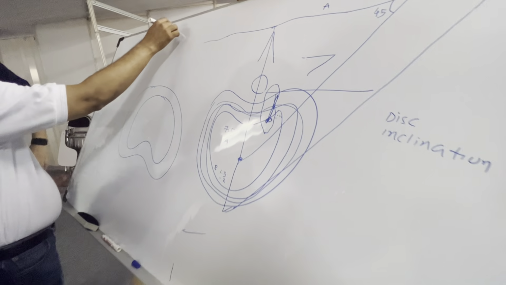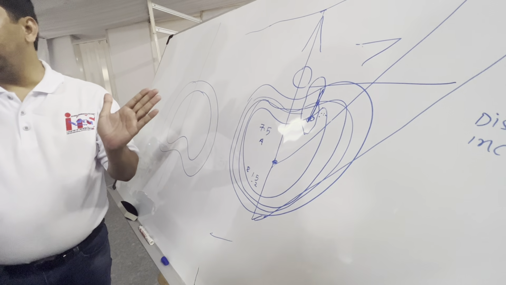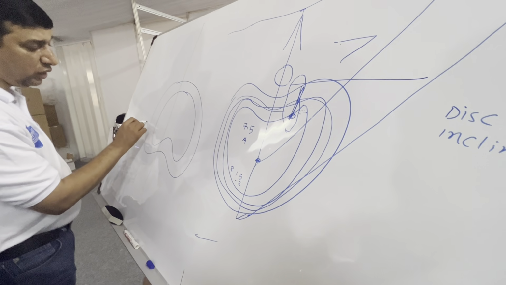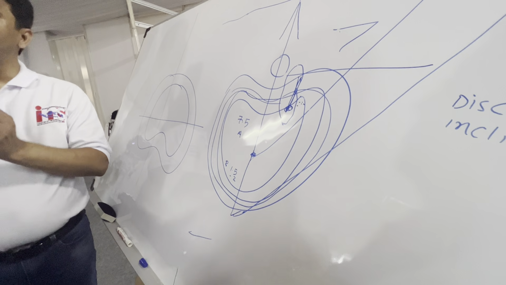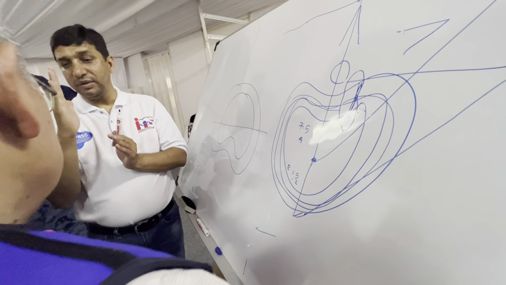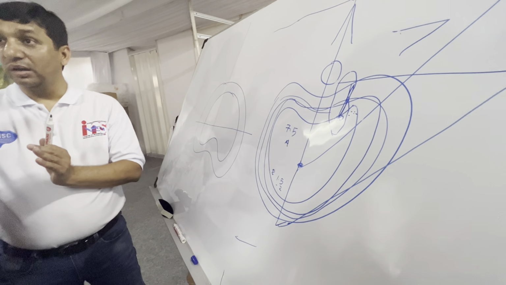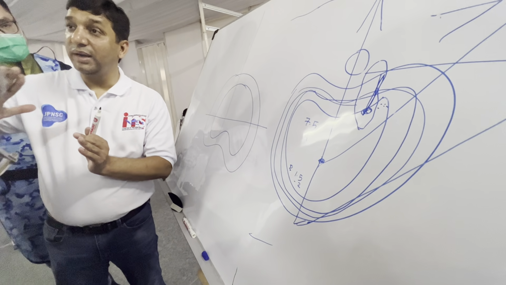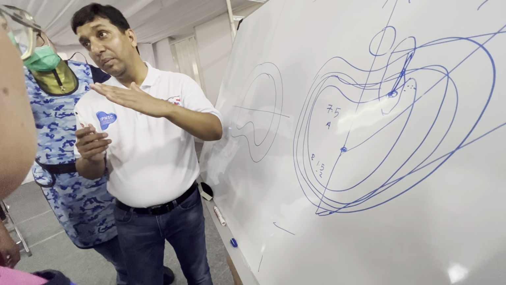Now when you do the discectomy, it is very simple. First you have to draw the central line, so you know where your center is. Then you draw the actual disc line. The third line is the disc inclination line, which is the line of the disc orientation. Like you see, the L3-4 disc will be like this, L4-5 will be like this, and L5 will be more like this because our lumbar spine has a lordosis. So even the L2-3 will be more like this and L1-2 will be more like this.